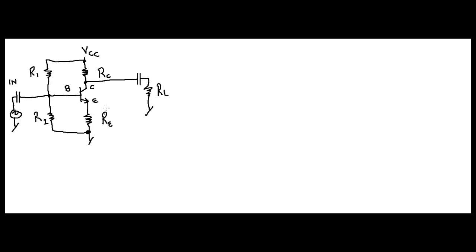And finally, let's do something. I drew R sub E here. Let's move it so it's over here, alright? Because what do we have to put here? We have to put our bypass capacitor right there, right? That is your common emitter amplifier right there.